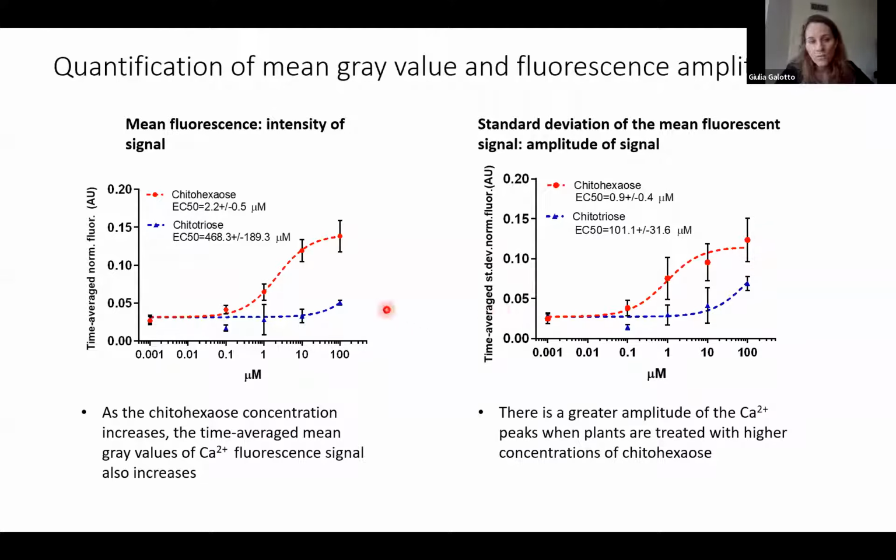On the other hand, when we use the chitotriose, we have a very minimal response, and basically only a very low response when we treat them with the highest concentration of chitotriose. And this is interesting because this shows that we need a minimal number of N-acetylglucosamine units for the plant to actually trigger a response.